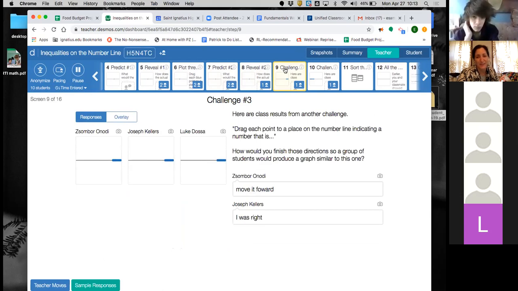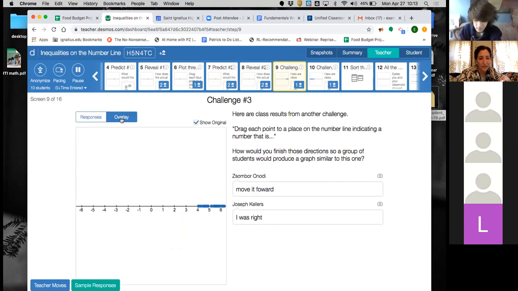I like people's responses that say I was right. How would you finish those directions? The question is, drag each point to a place on the number line indicating that the number is, how would you finish that so it produces a similar graph? You would say greater than 4.